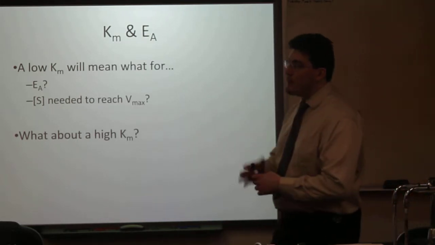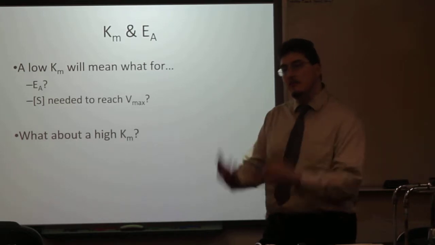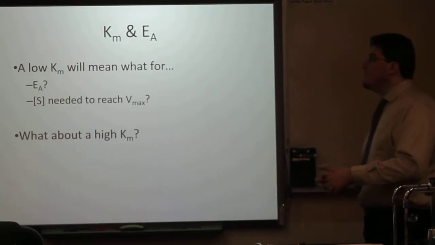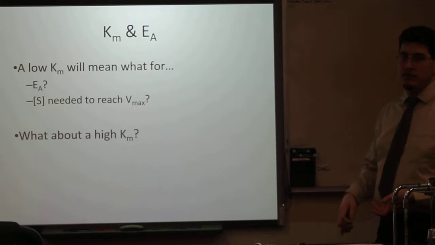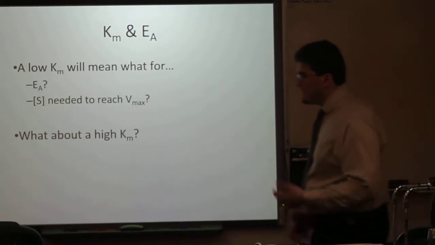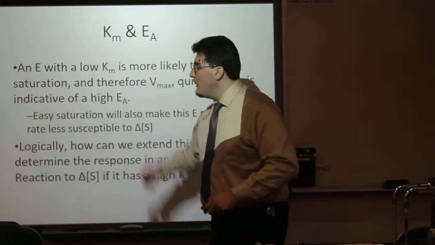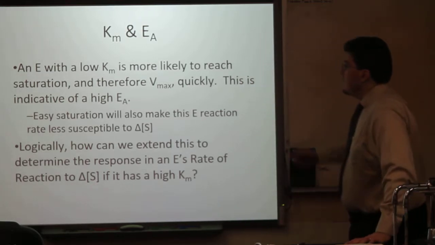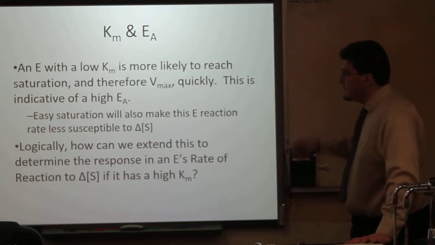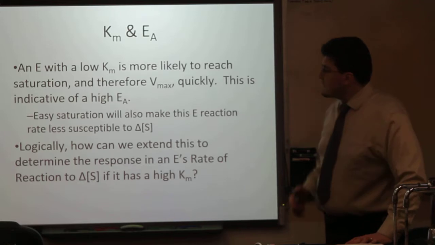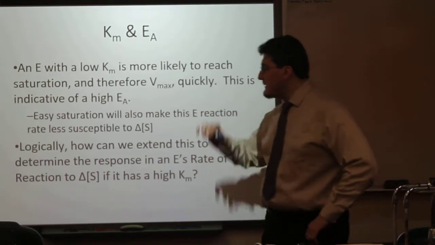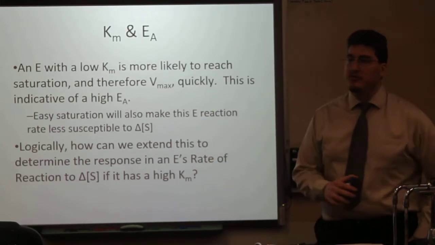A high Km will be the opposite. High Km means low enzyme affinity, and you will need a lot of substrate before you reach Vmax. So, an enzyme with a low Km, easy saturation, will also make this enzyme reaction less susceptible to changes in substrate concentration.